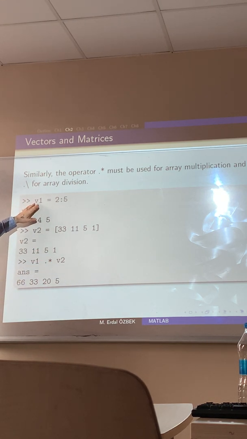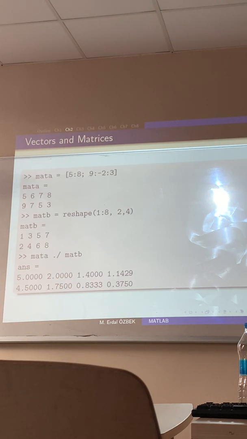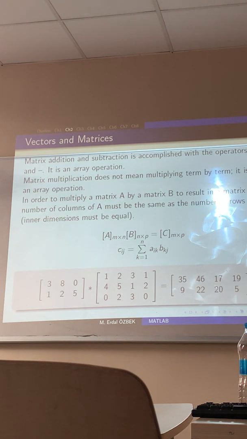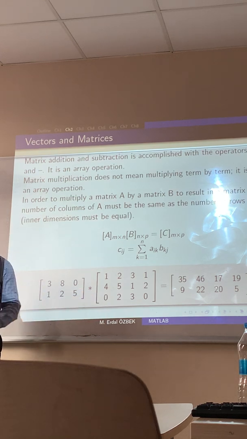If you have vector 1 and vector 2, and you are trying to multiply them one by one, you need to put a dot. If you want element by element multiplication or division, it is the same. Because you know that matrices can only be multiplied if the inner dimensions are equal.